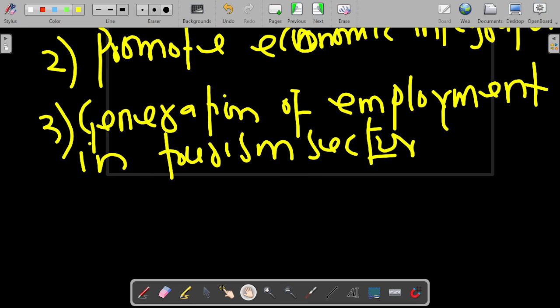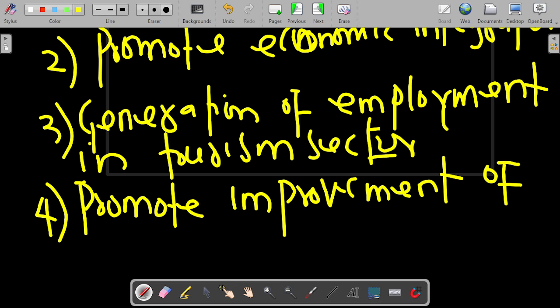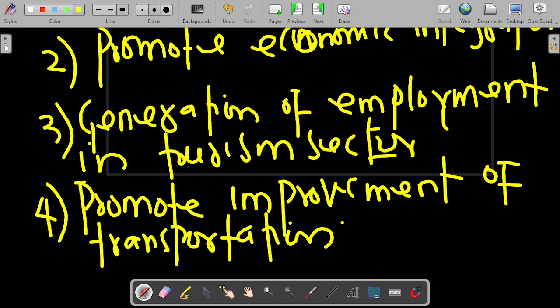Then number 4, each of them is one mark. So number 4, improvement of transportation.